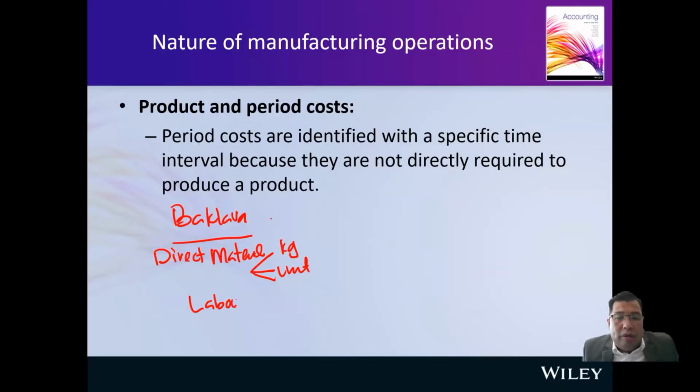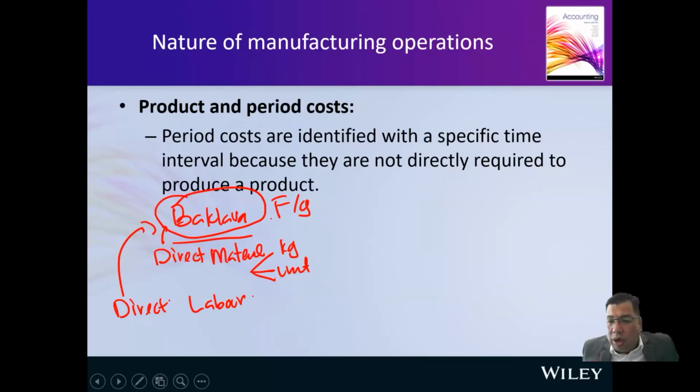You need someone to process that. We call it direct labor. Why direct? Because it is directly involved in producing the finished good. If you want to produce more product, you need more labor and more raw material. So that is what we call product cost.